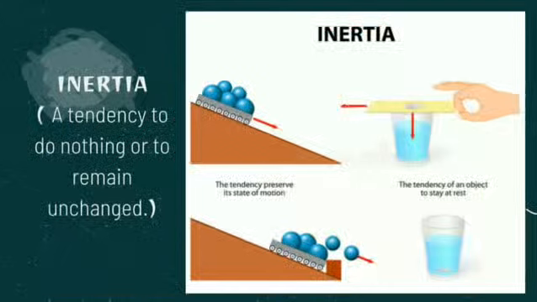Now, what do you mean by inertia? Inertia, in terms of force, is actually a tendency to do nothing or to remain unchanged. If we are doing some work and suddenly there is a change in our work, or if somebody comes and disturbs in between, we do not respond to that change immediately.